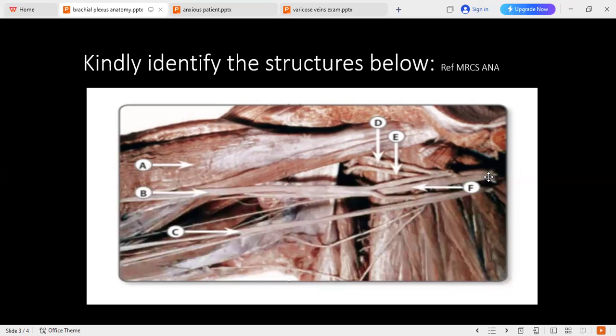Trunk behind, at the level of the third part of the subclavian artery. Division behind the middle third of the clavicle, and cords in relation to the second part of the axillary artery.